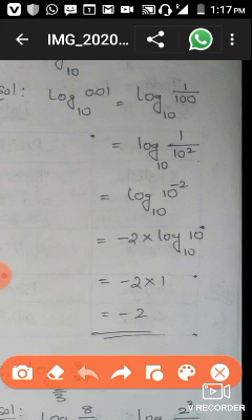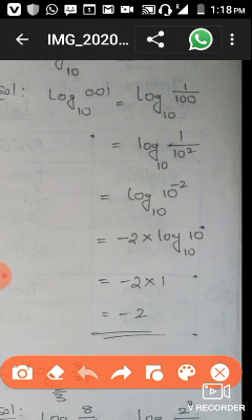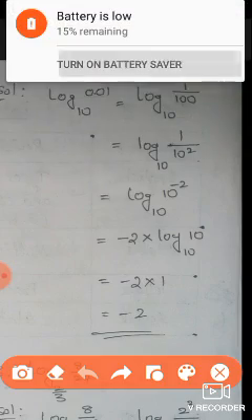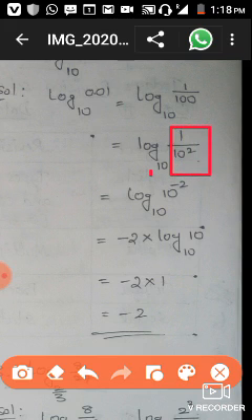Next step, that 1 by 100 we can write as 1 by 10 to the power of 2, which in the next step becomes 10 to the power of minus 2. In the next step, log a to the power m equals m into log a.